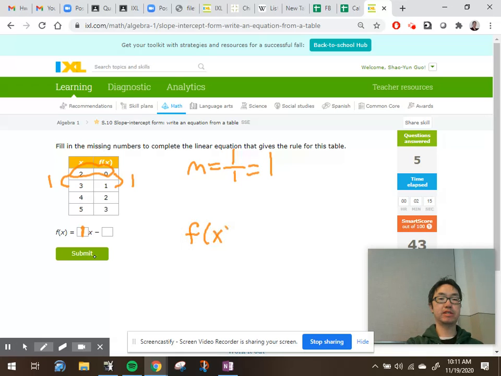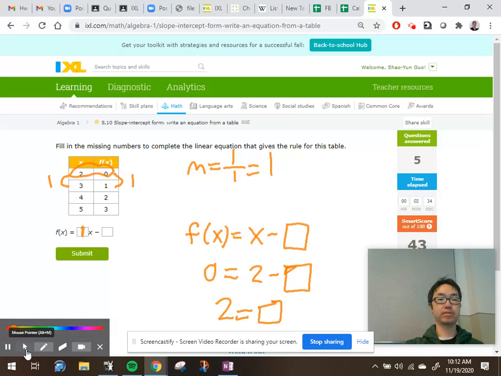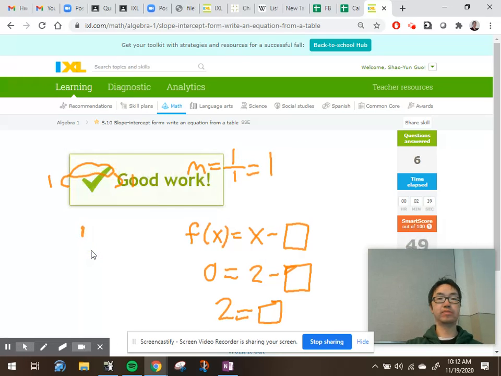F of x equals 1x. I'm just going to write x. Instead of the box, I'll leave the box. Why not? F of x is 0. 2 minus box. You can figure out using algebra that the box equals 2. 2 minus 2 is 0. So 1 right there, and then 2. Boom. Done.